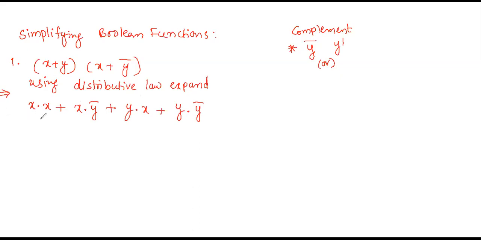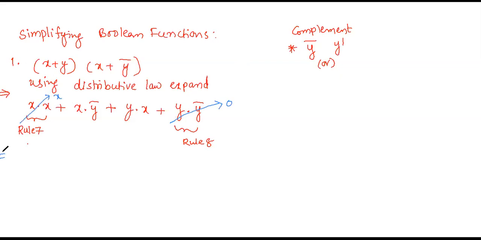Now, what is the x into x value? In the previous class we have gone through the rules. From rule 7, x into x is nothing but x only. What is y into y bar? Go to rule number 8. Y into y bar is nothing but 0. This is nothing but x.